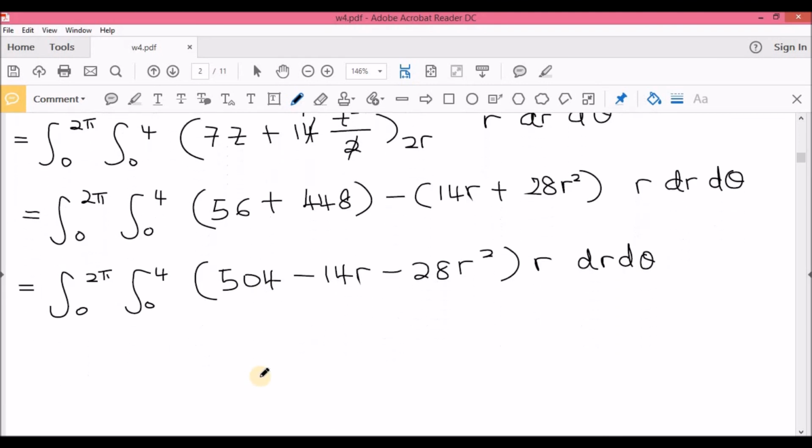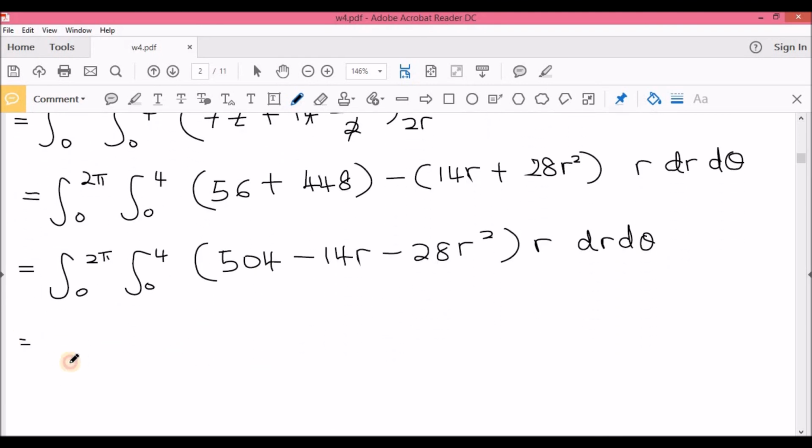You can press the calculator for the answer. The integrand is 504 minus 14r minus 28r squared in brackets, multiplied by r, from 0 to 4.